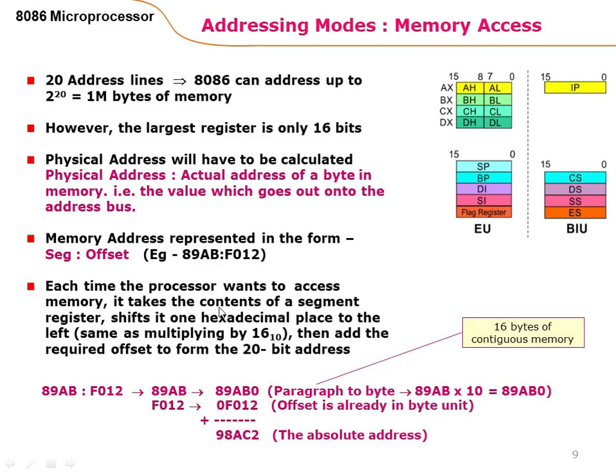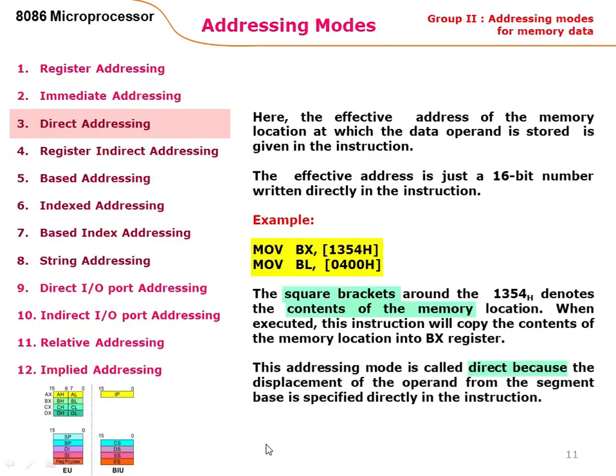Now to calculate the physical address, 89AB is shifted to the left by 4 bits, the offset value F012 is added to this, and we will get 98AC2, which is the physical memory address of the given location.